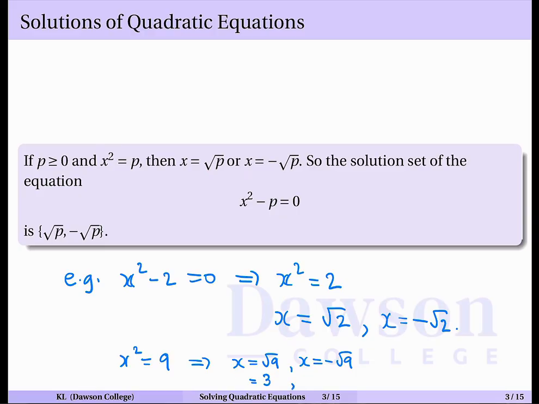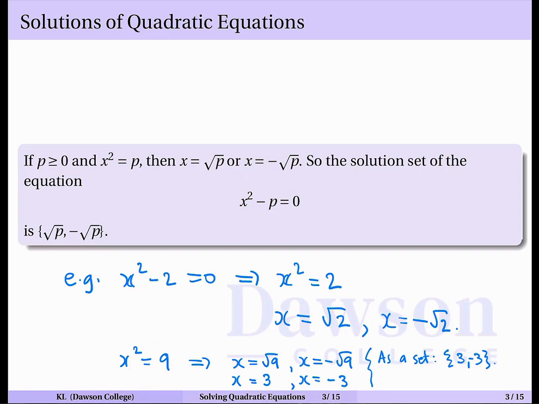So the other one here will be x equals negative 3. As a set, you write it as 3, comma, negative 3. This is the solution set for this equation.